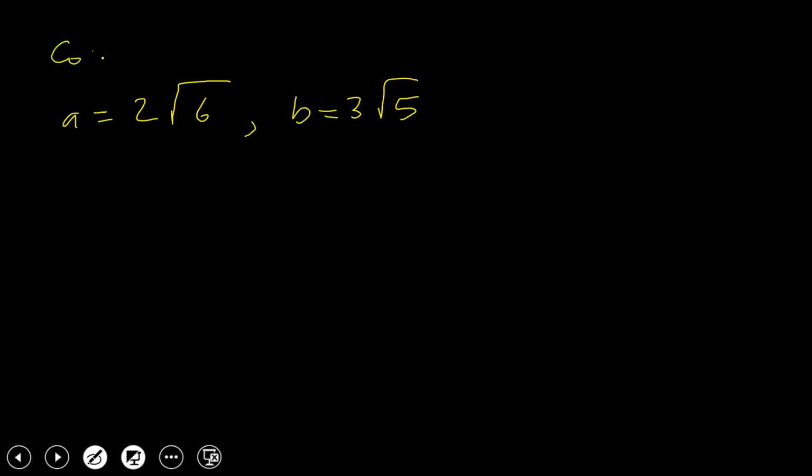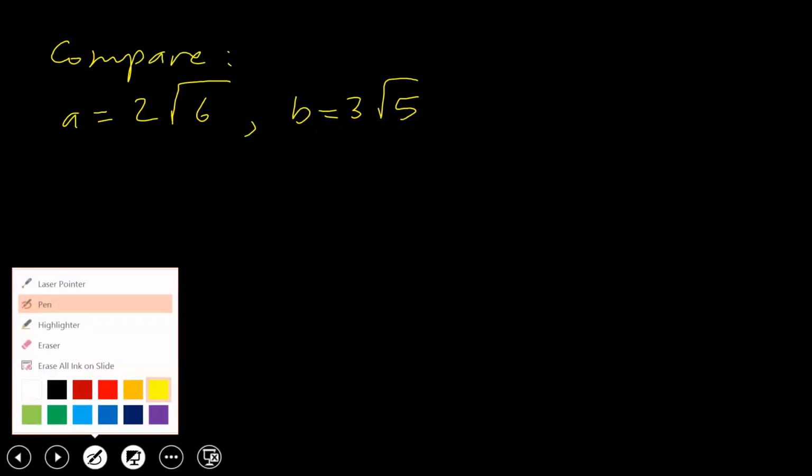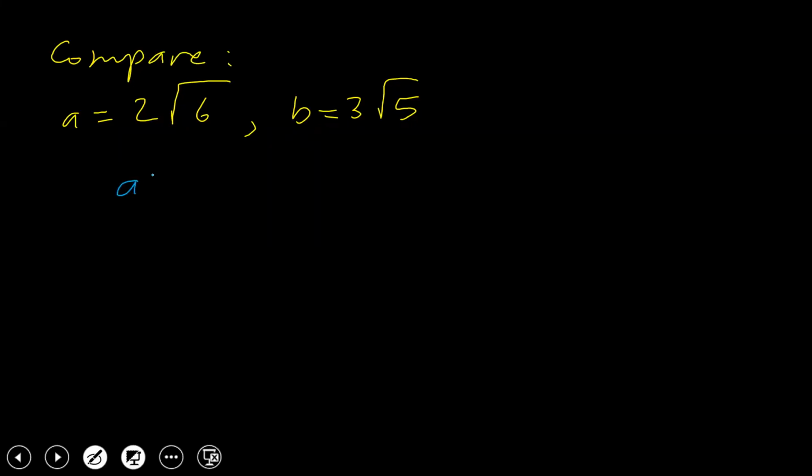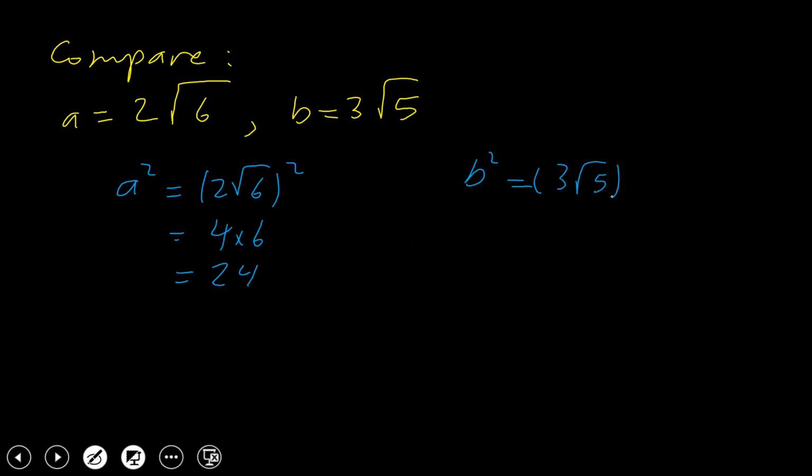So the question is compare. What do you do? Square. We square A and we square B. So squaring A, you get 4 times 6, which is 24. Squaring B, 3 squared is 9. Radical 5 squared is 5. You get 45. Now, A squared is less than B squared. So A is less than B.